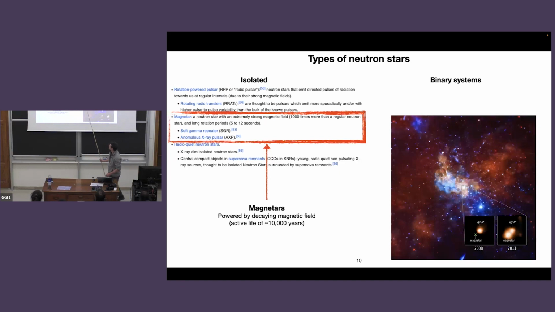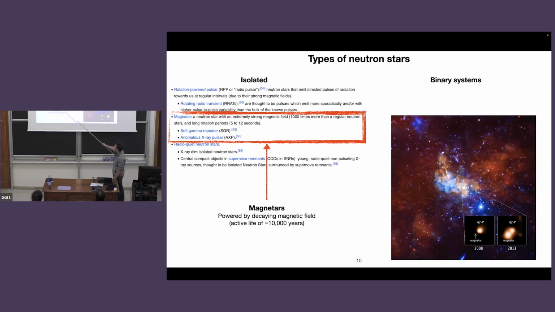The other main category is magnetars. Magnetars are relatively young neutron stars that are known to have a very, very large magnetic field. It's magnetars that actually reach these really high magnetic fields of 10^15 Gauss. Most other neutron stars are around three orders of magnitude lower, just around 10^12 Gauss.